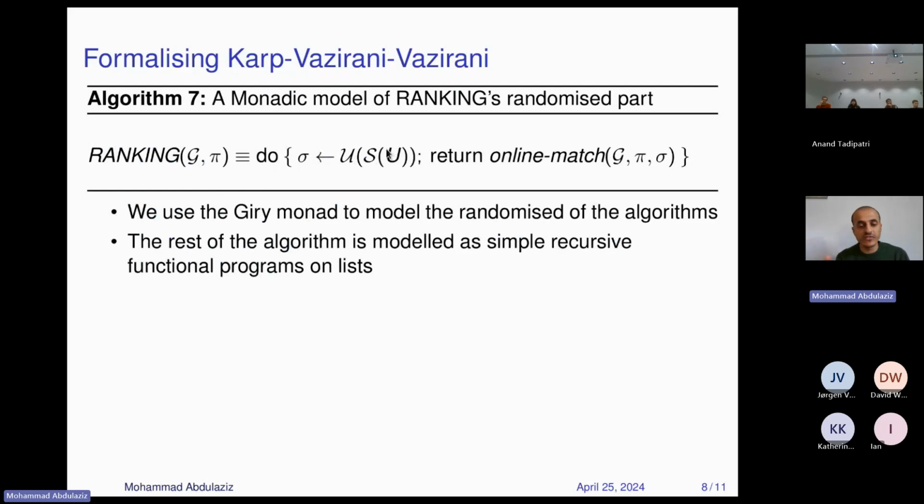The set of vertices on the offline side is called U, and then you call online match, which is the part of the algorithm that recursively goes through the online side and chooses edges to add to the matching. And we used here the monad which was developed by Manuel Eberl and Johannes Hölzl a few years ago.